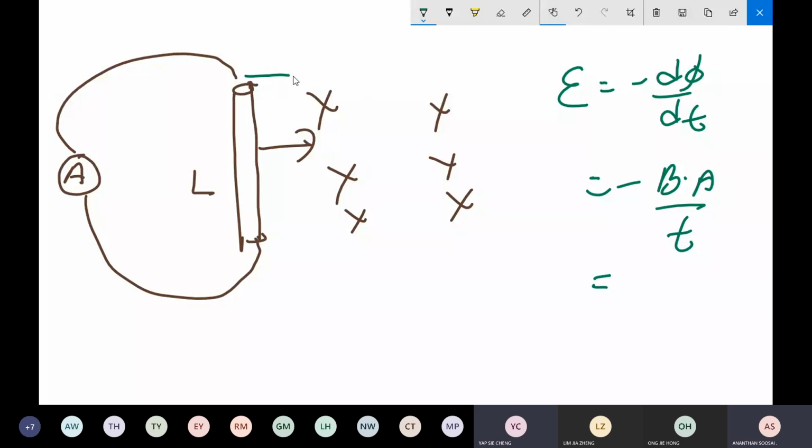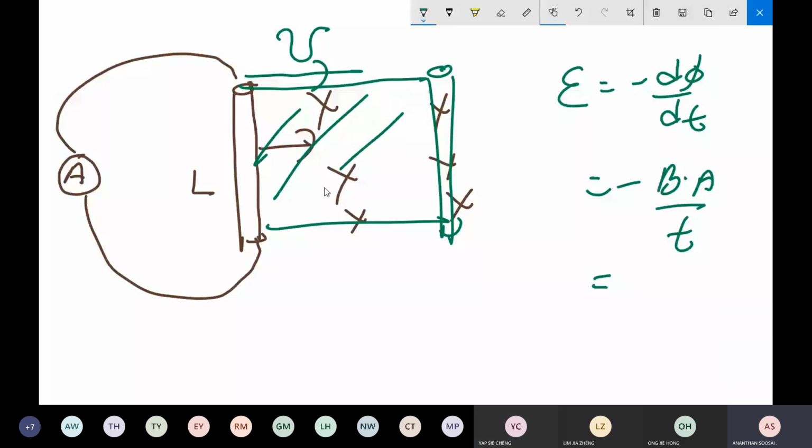Let's say this conductor moves forward with the speed of V, and its length is L. After it travels for a certain time, let's say finally it's here, this is the area it swipes in a certain time period. What we do here is negative B dot the area, right?